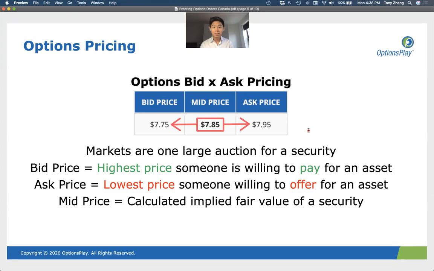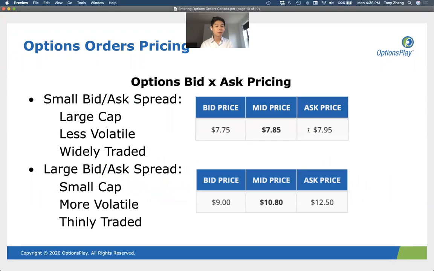That is the most important thing investors need to learn about what the bid-ask price is telling you, because it gives you a lot of insight into where you should place your orders, and also into how liquid something is, how actively traded something is.